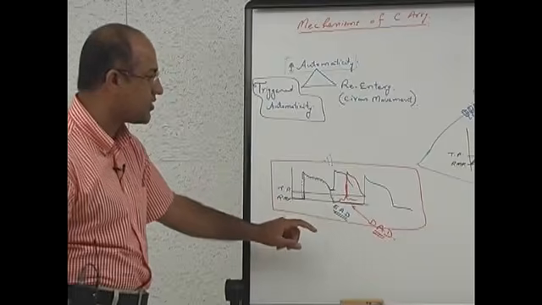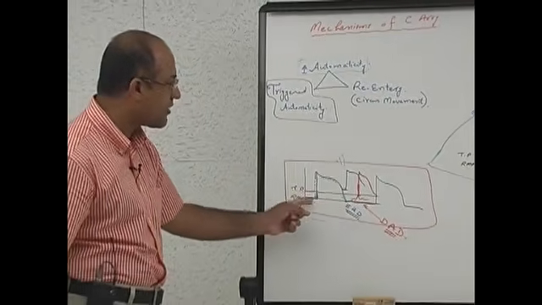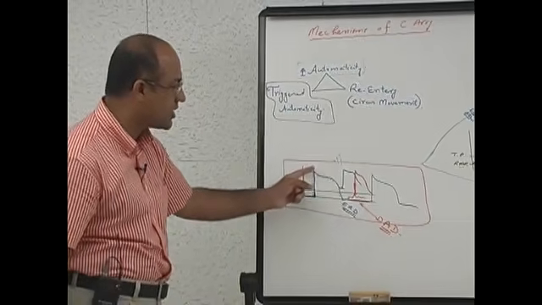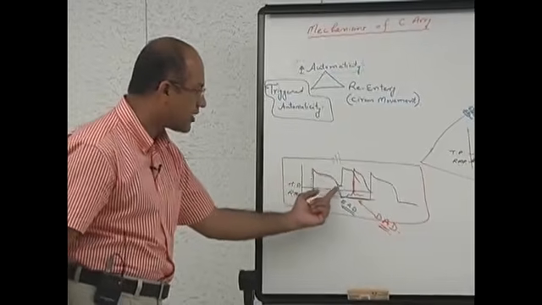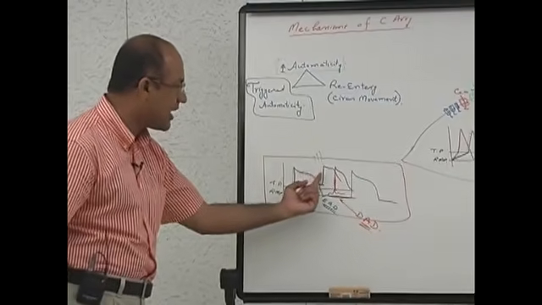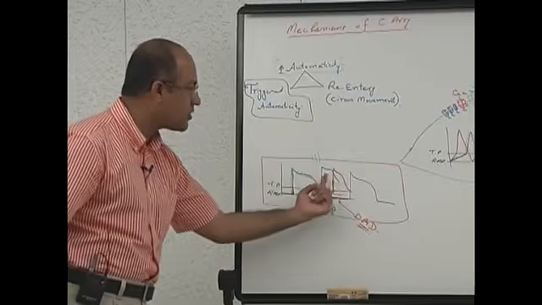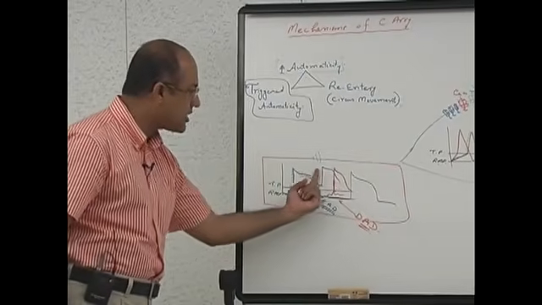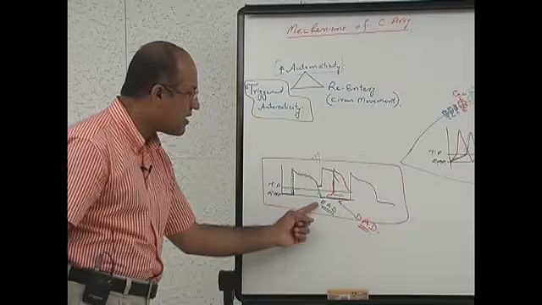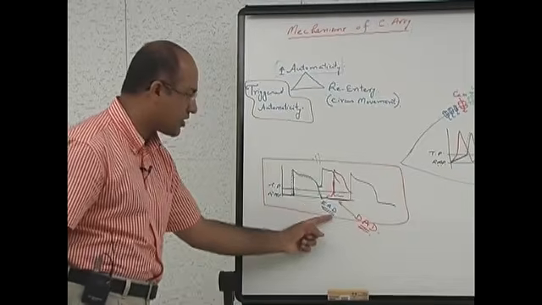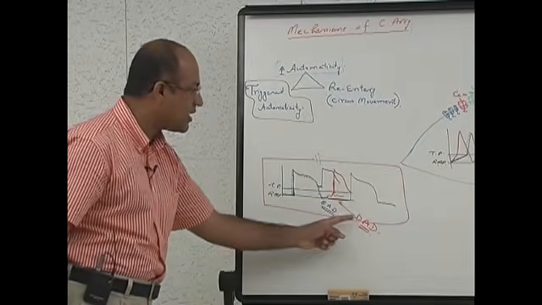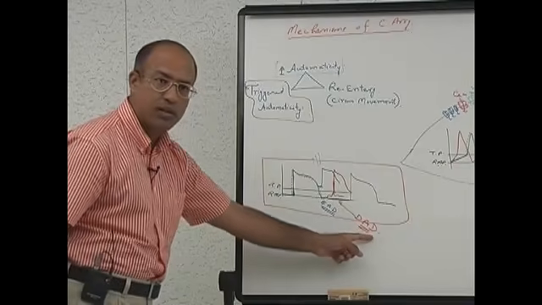When there is triggered automaticity, then what really happens after the spontaneous depolarization is triggered depolarization. Now this triggered depolarization may be early or it may be late. If it is early, we call it early afterdepolarization, and if it is delayed, we call it delayed afterdepolarization.